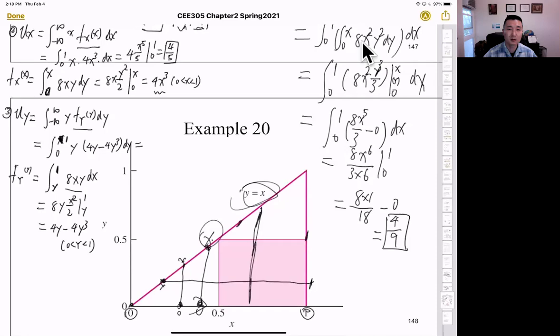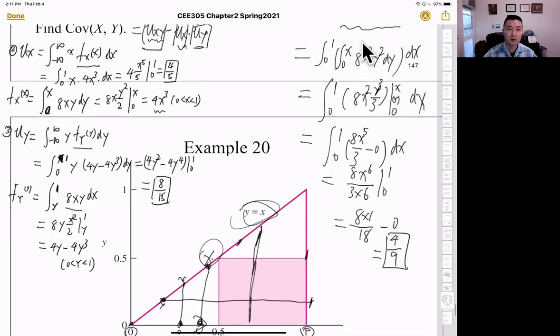So mu y will become 4y squared minus 4y to the power of 4 over 4, from 0 to 1. And then this is mu y.